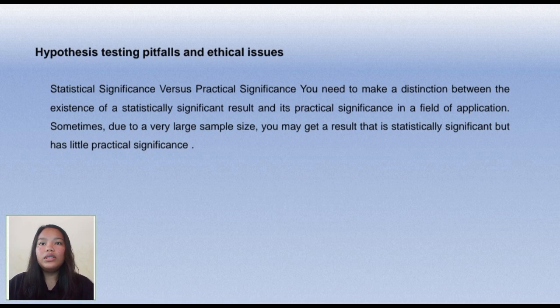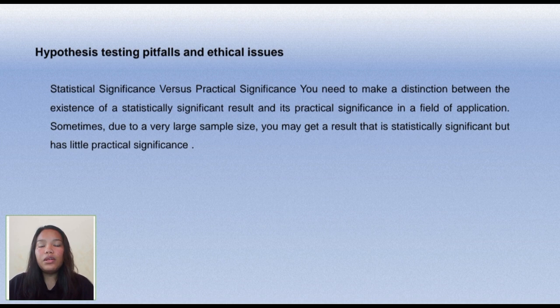So next, we will tackle the differences between statistical significance and practical significance. Here, we need to make a distinction between the existence of a statistically significant result and its practical significance in a field of application.